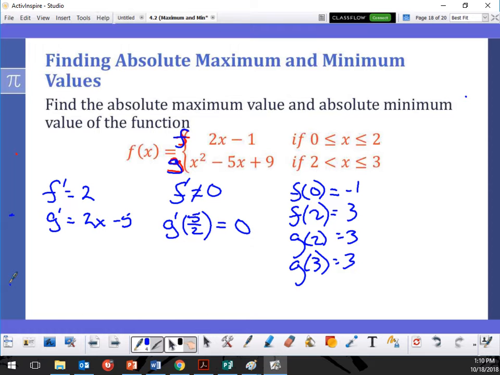I'm going to calculate that. So 25 over 4 minus 25 over 2 plus, let's make it over 4, so that would be 36 over 4. There's my 9.